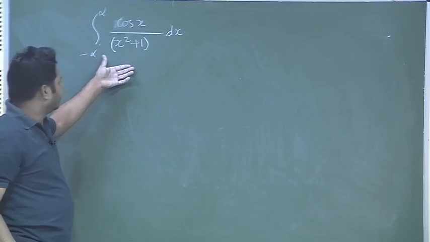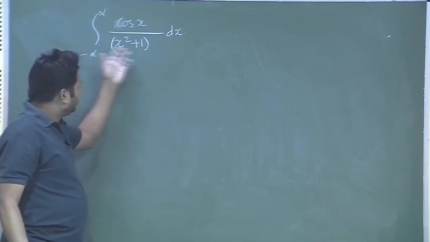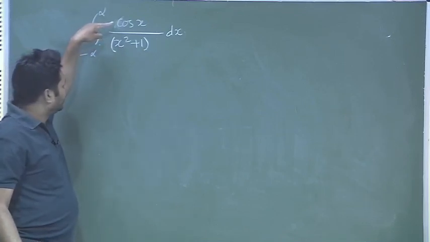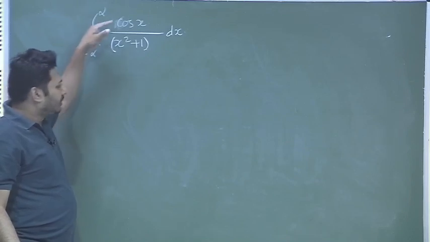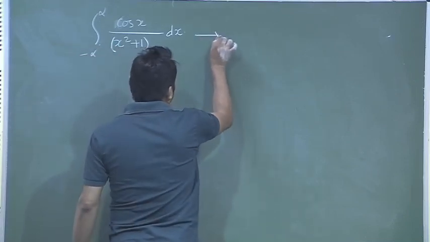Here the integration is slightly different from the previous one, because in the previous integration everything was a function of x, but here it is a combination of a trigonometric function and an algebraic function. But we shouldn't bother about that, because we need to convert this to a complex form.